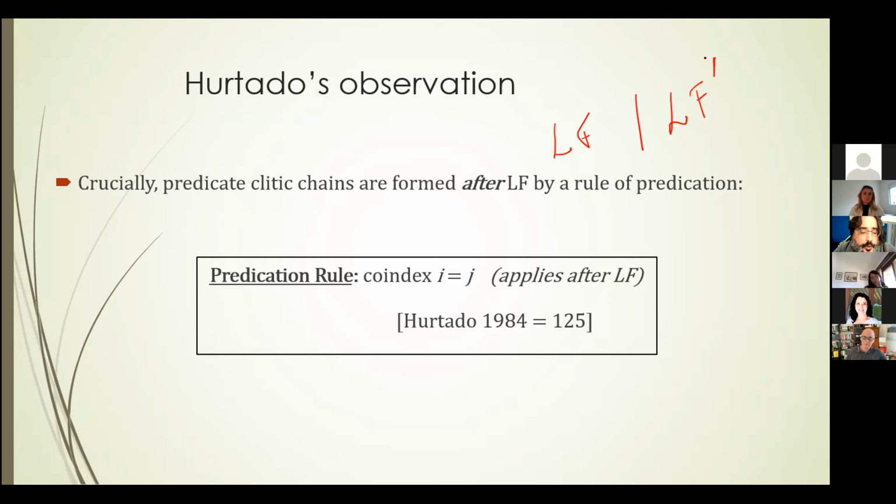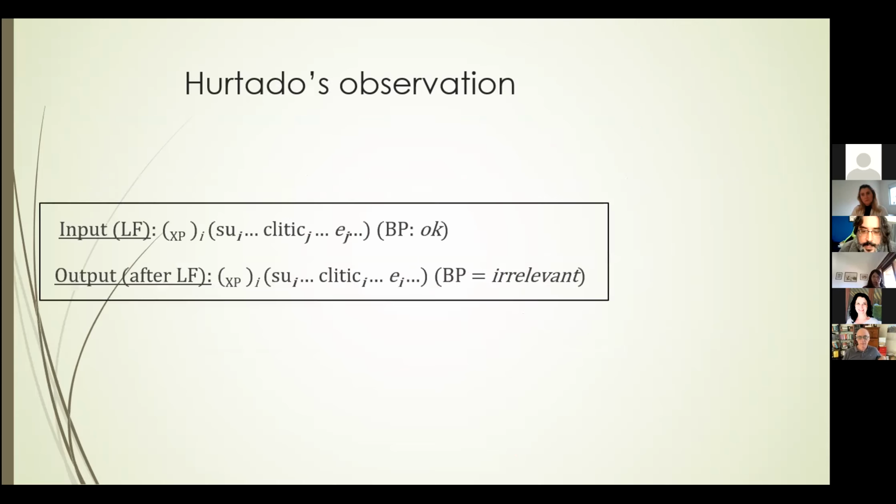In LF prime, you calculate presuppositions, some sort of pragmatic inferences, and also some sort of subject and predicate relations. That is LF prime. And this predication rule, which basically is a co-indexation rule, applies after LF. But crucially, the bijection principle applies at LF.